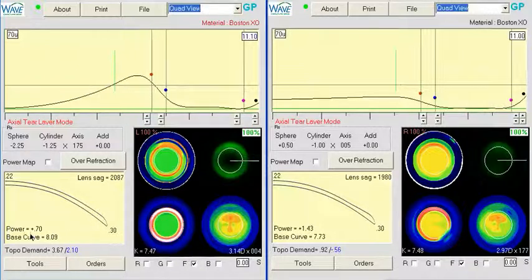So right now we're starting with a plus 70. If we want 75 more, then our target's going to be about a plus 1.4 or so. And for a prescription of minus 2 1/4, minus 1 1/4, a resulting power of plus 1.4 is probably a pretty reasonable place to shoot for.